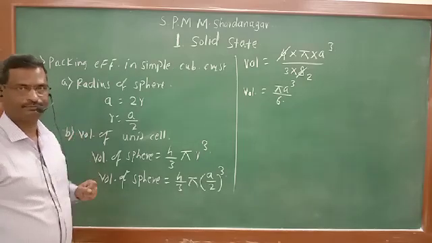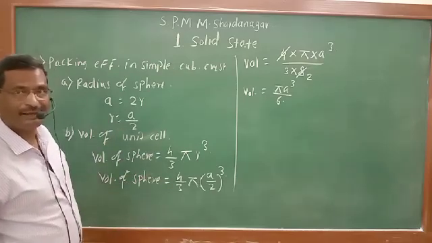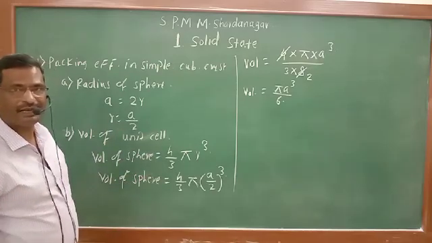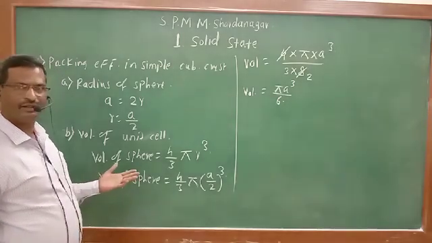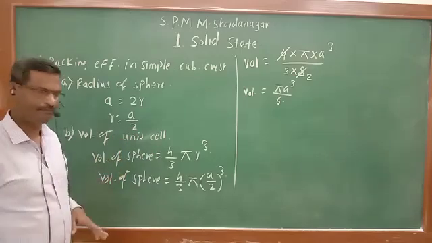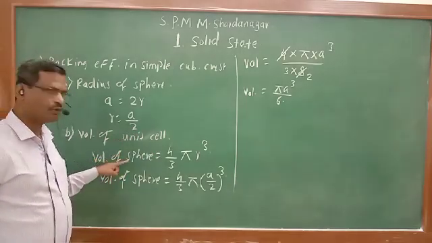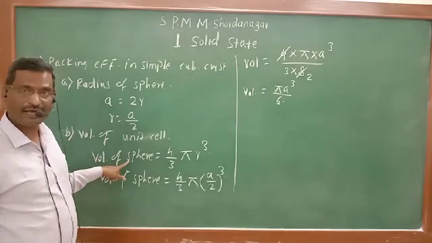That is the volume of sphere. Now how many particles are present in the simple cubic cell? Only one particle present. Therefore volume of unit cell is equal to volume of sphere in SCC structure. Why?